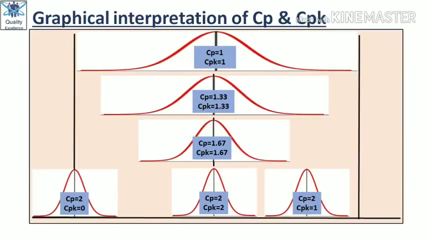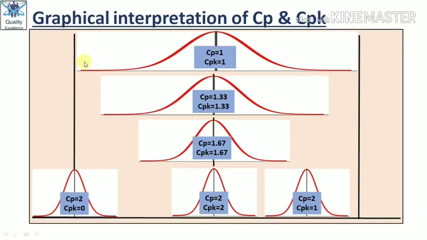Now let us understand CP and CPK together in the form of graphical interpretation. Let us interpret it. So you can see here, this is the target line, and if your process is very well centered, then your CP and CPK value will be same. You can see here in all the 4 cases.